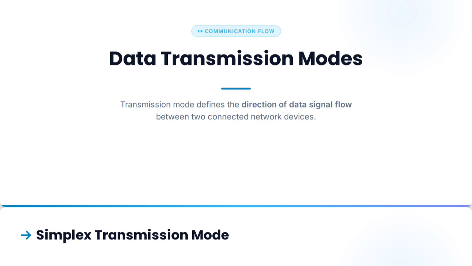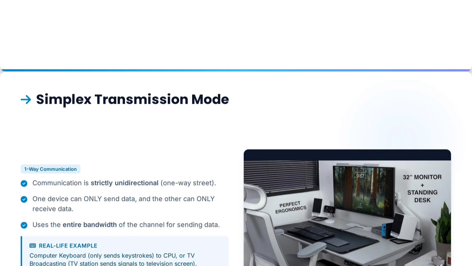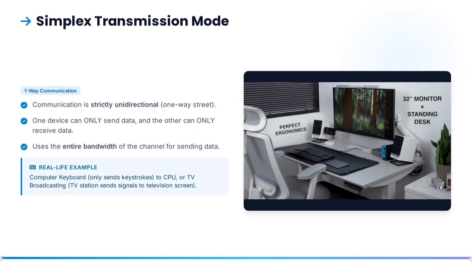There are three modes. First, simplex. Simplex is unidirectional, one way only. A real life example is keyboard to PC or FM radio broadcast. You can only listen, you cannot talk back.